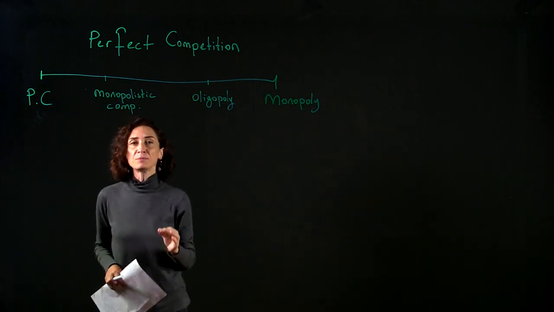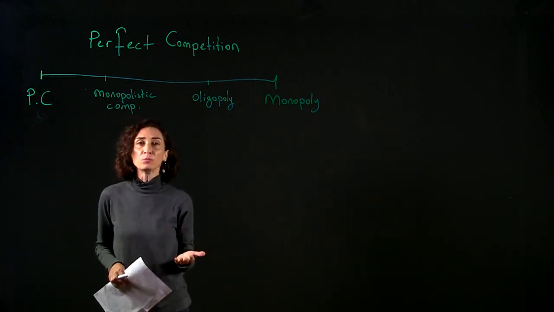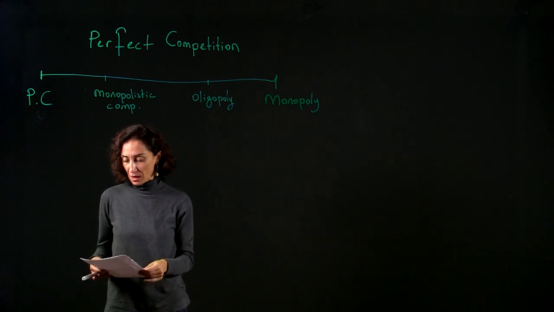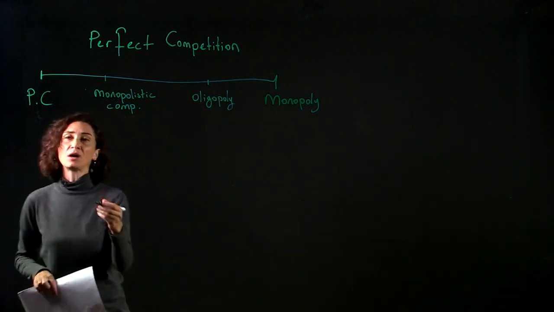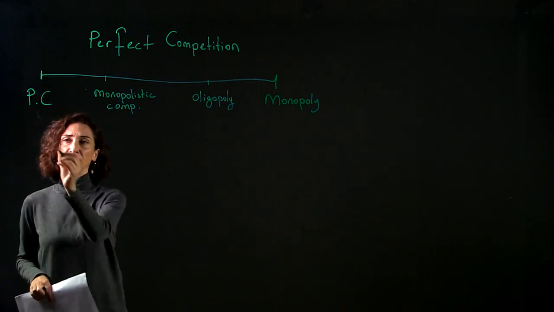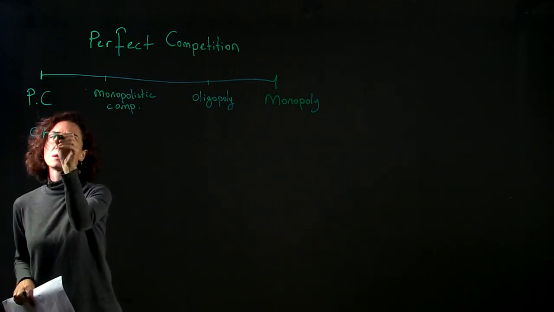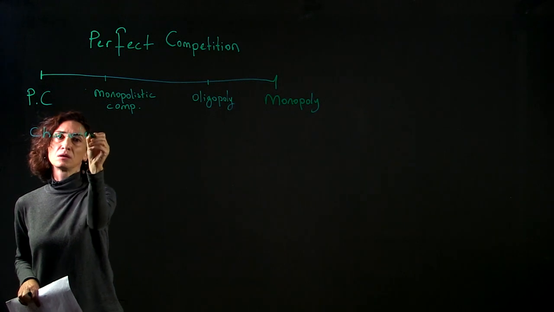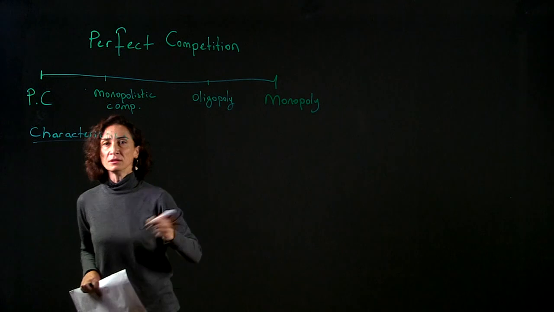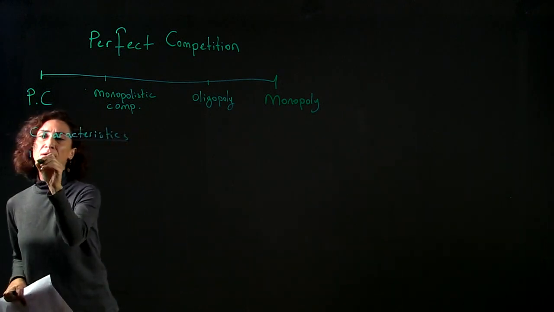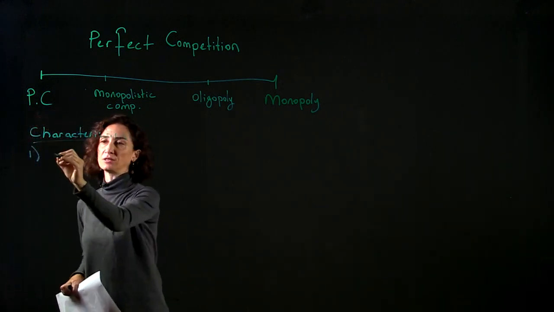So what types of markets do we call perfectly competitive markets? We have basically three conditions, okay? These are characteristics of perfectly competitive markets. One, we have many buyers and sellers.